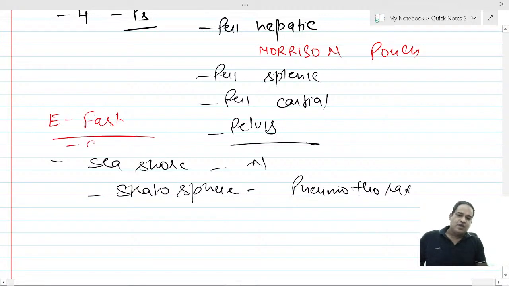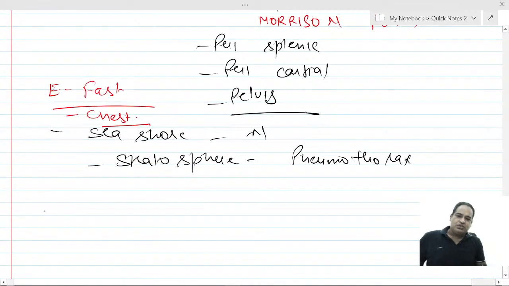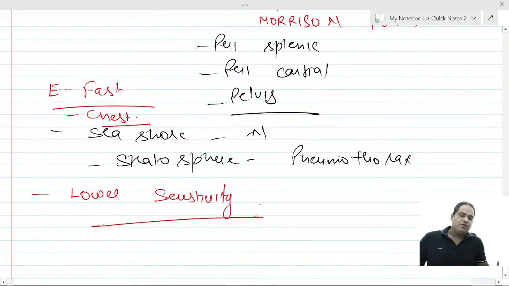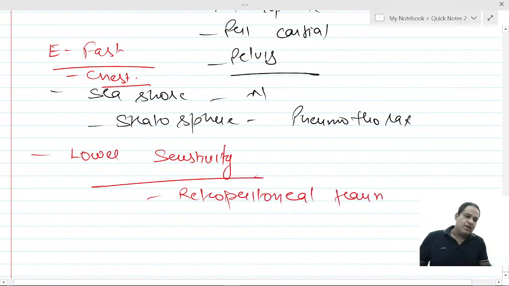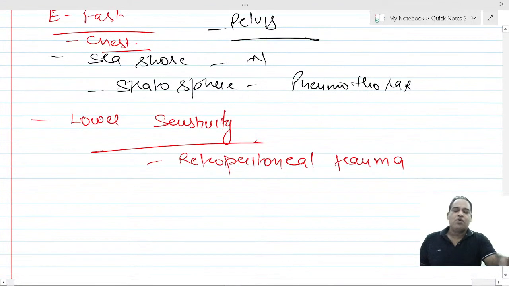E-FAST is when we look at the chest also. FAST has comparatively lower sensitivity for retroperitoneal trauma.